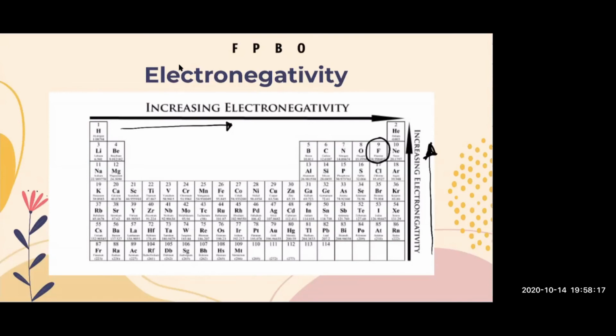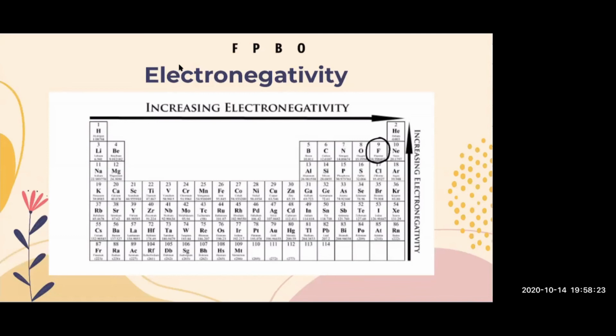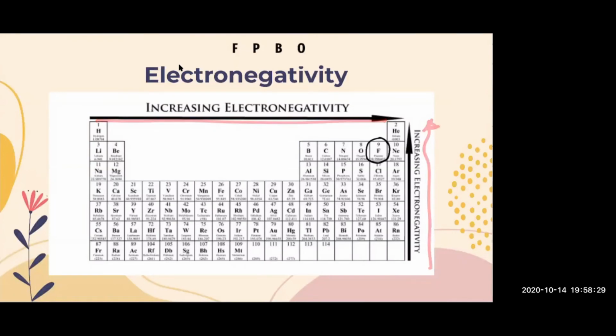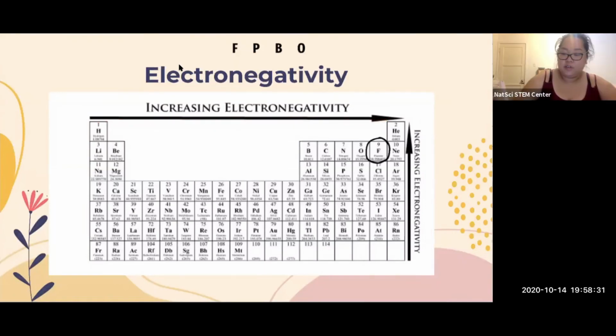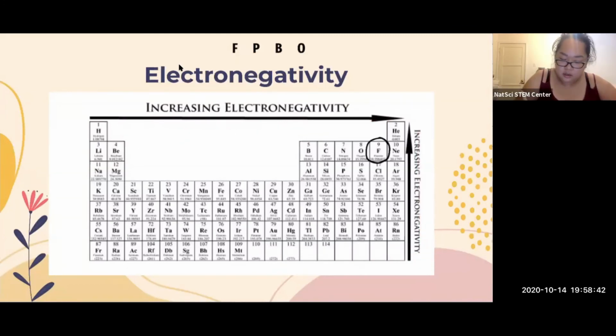It's increasing as you go up and increasing this way to the right. So it's decreasing as you go down or to the left. Thank you. So I put it here.